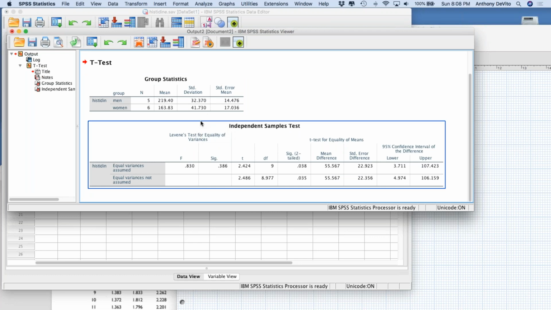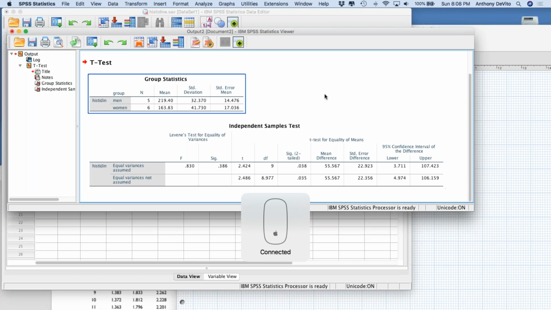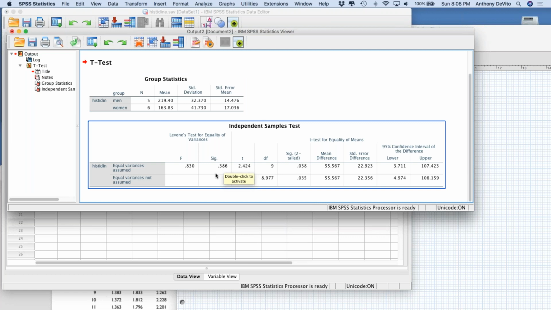If you look down here to this table, oops, got a little bit of a problem. Yep, I'm reconnected. Okay, if you look down here at this table, you can see that SPSS has an area here. I'm going to move my cursor up and down. From here to the right represents our t-test.